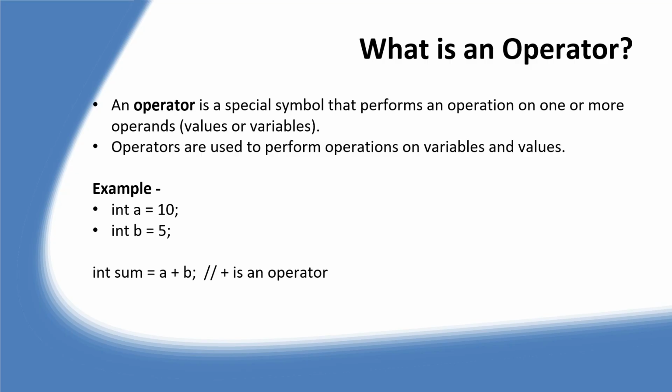So, for example, int sum equals 10 plus 20. So, plus is the operator and 10 and 20 are operands.